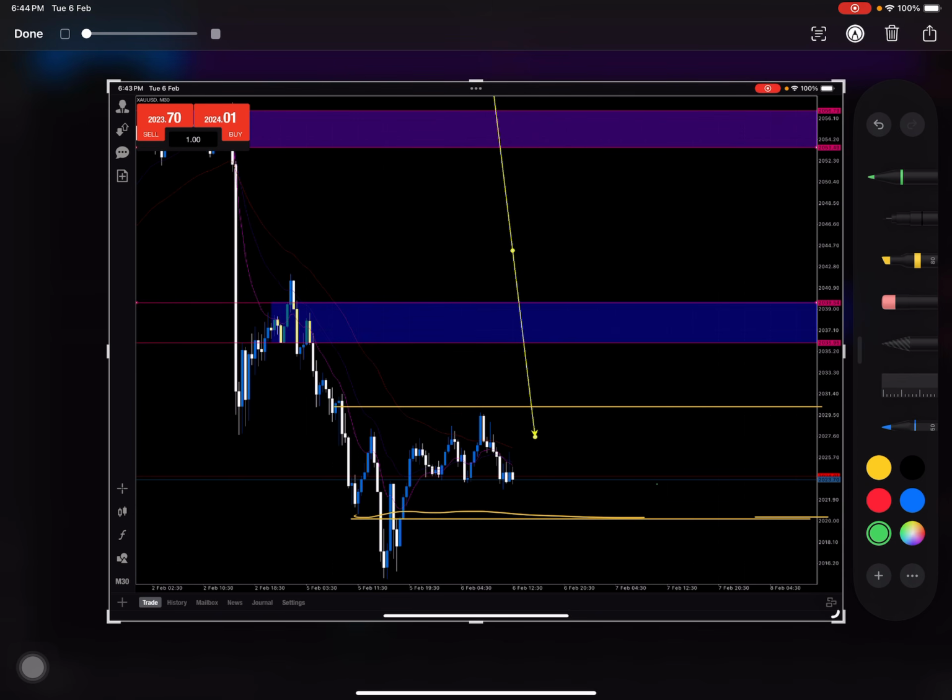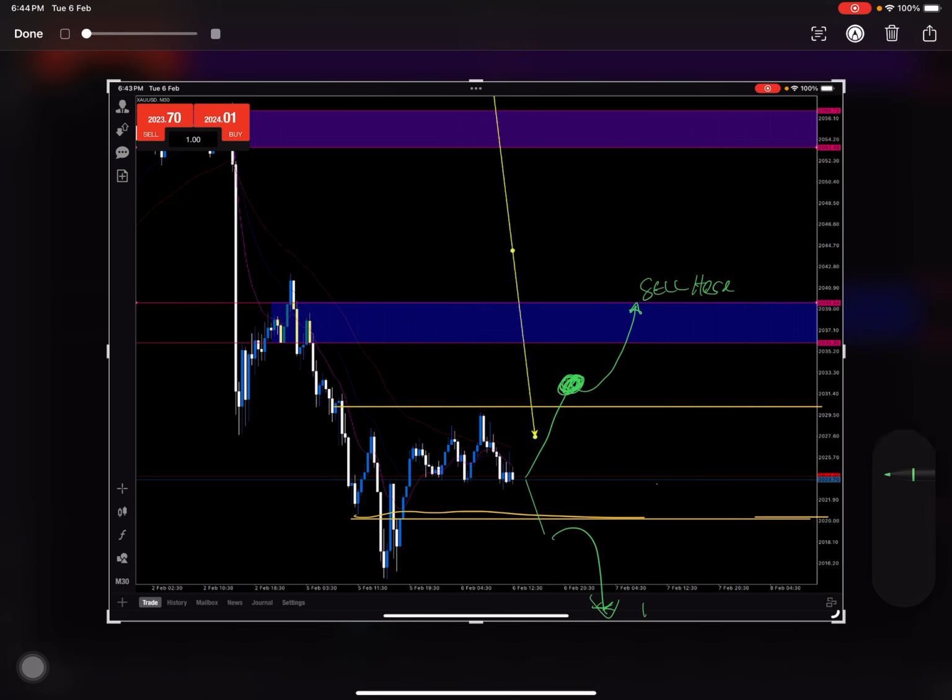If the US opens up here in about 1 hour plus, gold can shoot into here. So I will sell here, first attempt. If gold is below here, it will shoot below into 2012, and that will be my first buy attempt in theory.